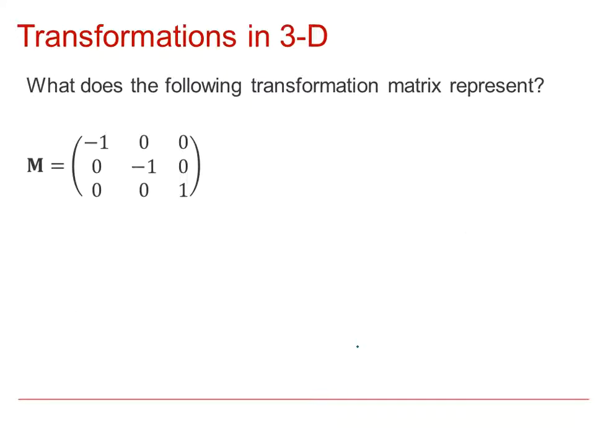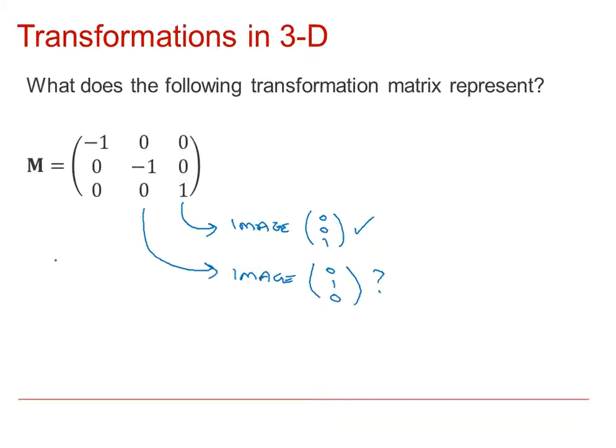If we look at this new matrix M, and again if we do them one column at a time, the third column is the image of 0, 0, 1. So that is exactly the same. The second column is the image of one unit in the y direction. So that one has been reversed. And the first column is the image of one unit in the x direction, and that one has also been reversed.